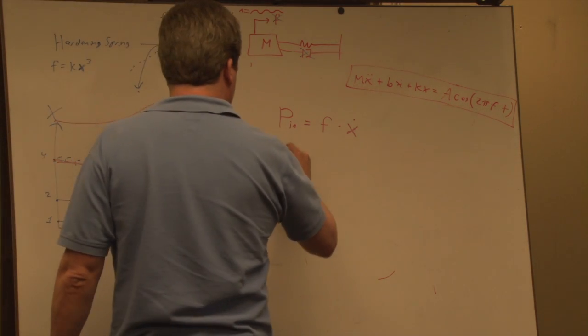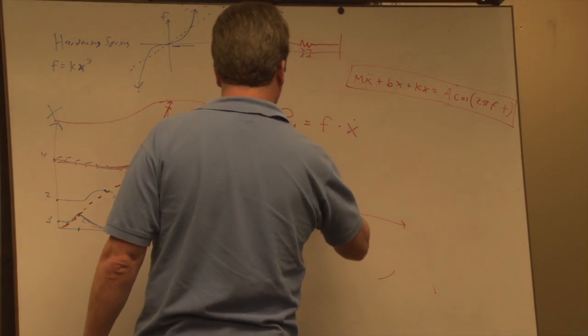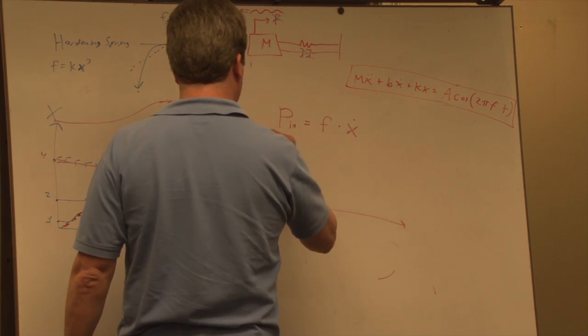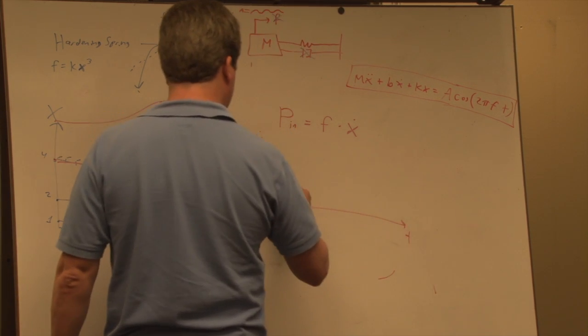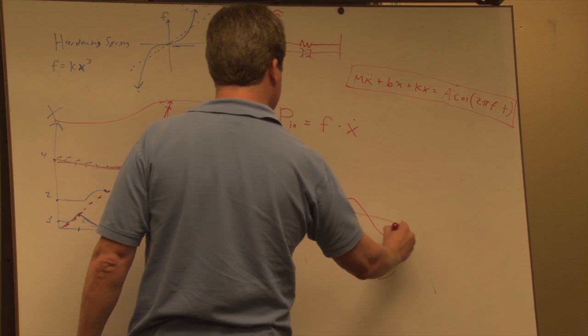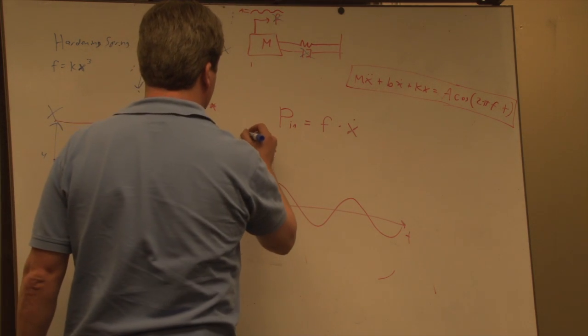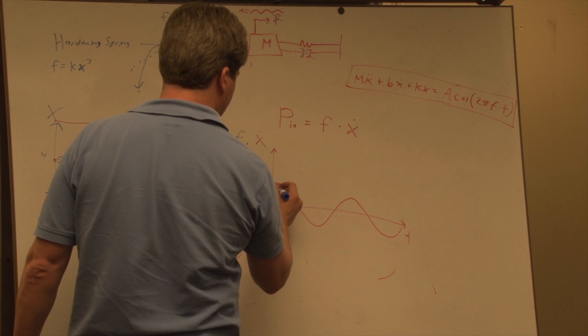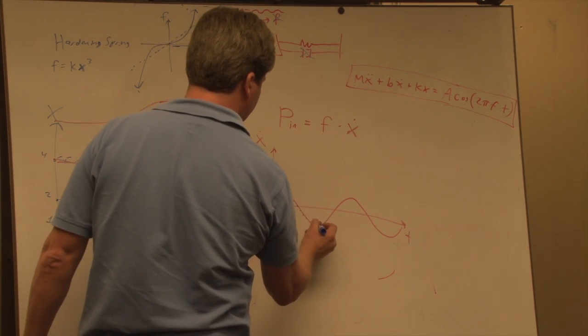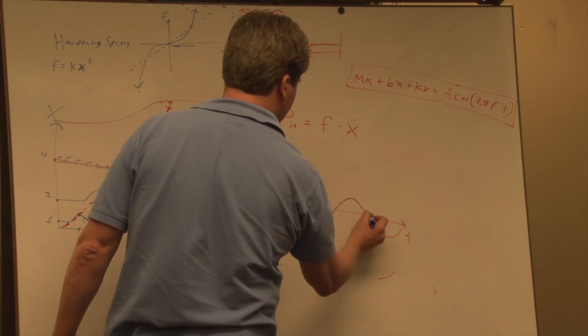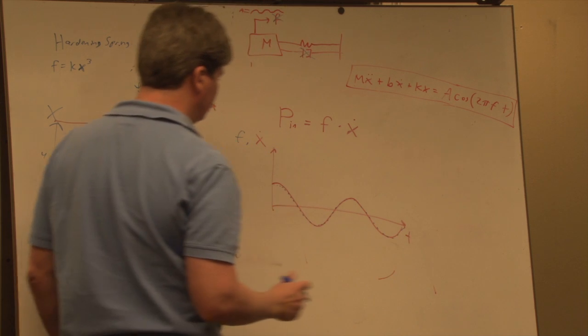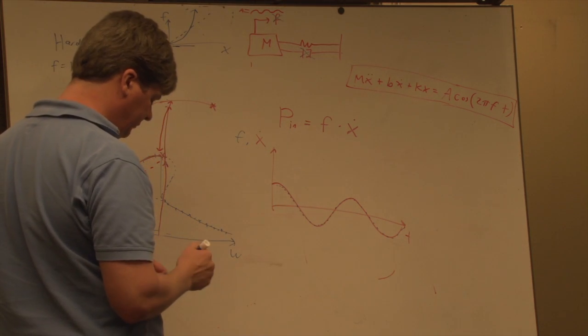So if this is the velocity, x dot, as a function of time, it's going to be some oscillation. You want your force to be in phase with your velocity, if you're doing it sinusoidally, so that you're doing positive work.